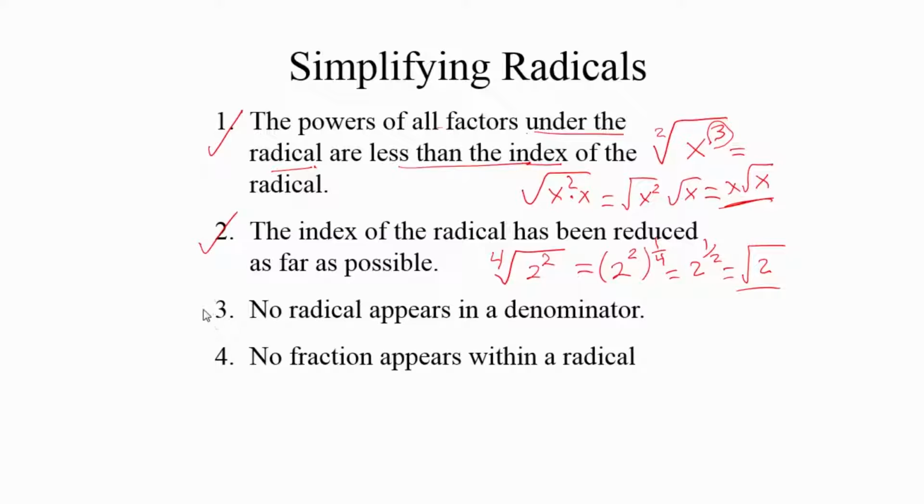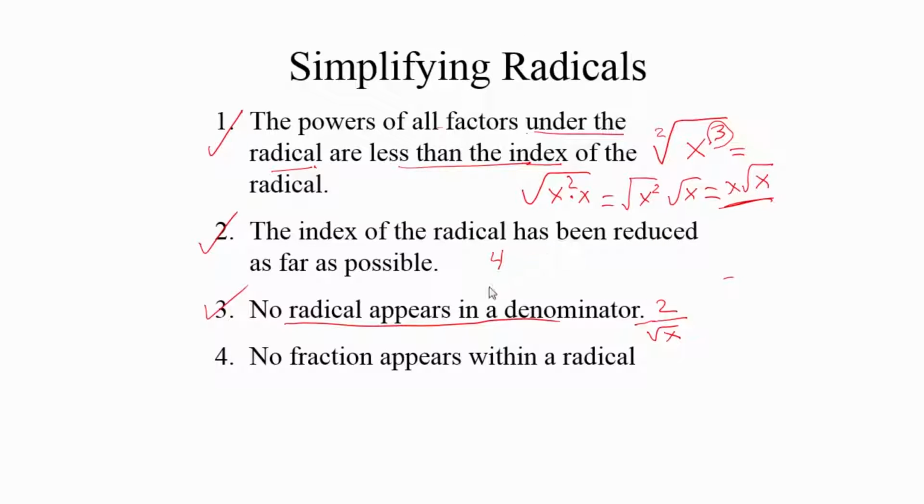Point number 3. No radical appears in the denominator. So if I come up to this point and end up with 2 divided by square root of x, it's not done. I simplified this far. We are not done yet. You have to get rid of the square root of x in the denominator because no radical should appear in the denominator. How do you get rid of that radical in the denominator?